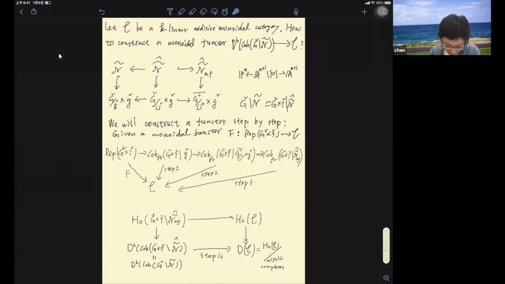So here is the Dirac category of a Springer, which is a quotient of this homotopy category, and here is the quotient of the homotopy category of C by acyclic complexes. So here's a general discussion. You don't see affine flag here. And later we'll apply this general construction to our situation and get a functor from the Dirac category to the affine Hecke category. Okay, so now we'll first do step 1.